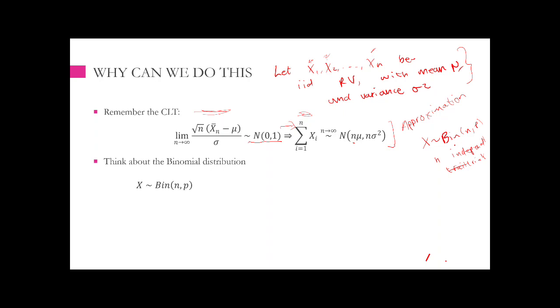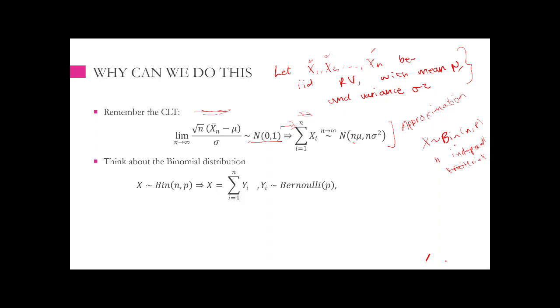We're counting the number of successes in n independent trials, so we can think of our x value as the summation of each of our independent trials. If each individual trial's random variable is either 1 or 0, 1 if it's a success and 0 if it's a failure, and we sum all those up, that will still be equal to x. So that's what this is saying over here.